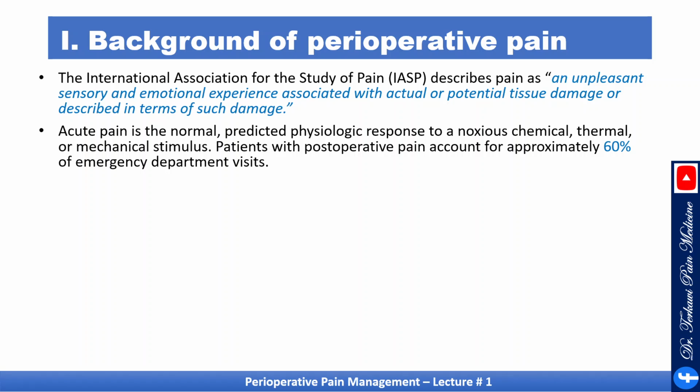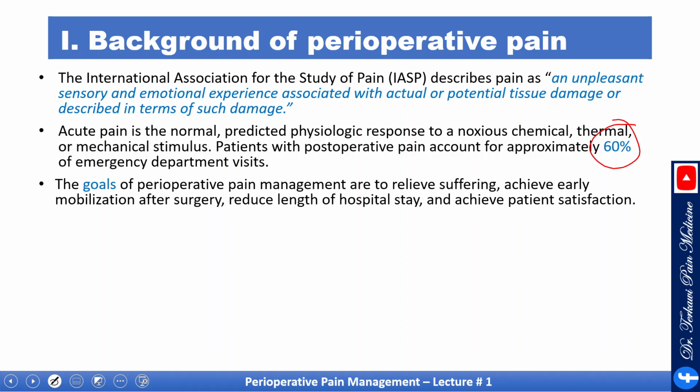Acute pain is normal, predicted physiologic response to noxious chemical, thermal, or mechanical stimulus. Patients with postoperative pain account for approximately 60% of emergency department visits. So, 60%.